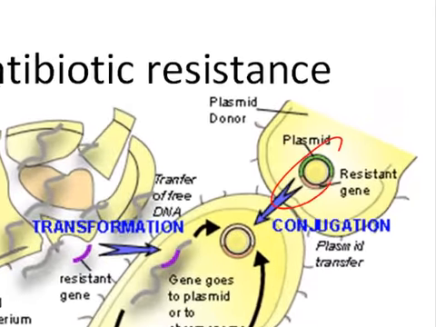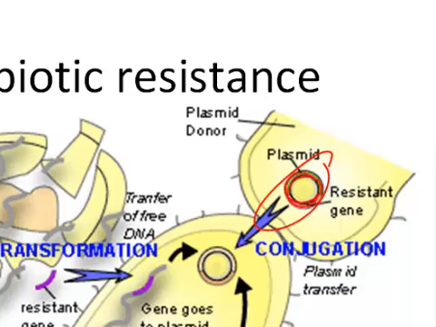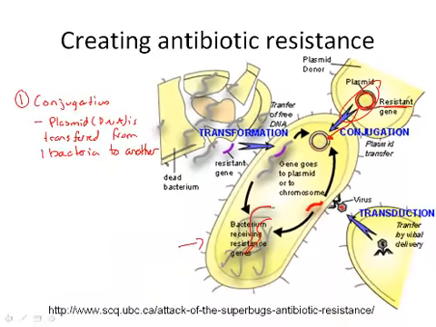So you have your plasmid, it's DNA, it's got a resistance gene to a certain antibiotic. Since that plasmid is inside the other bacteria, it now can synthesize the gene that has that resistance to an antibiotic.